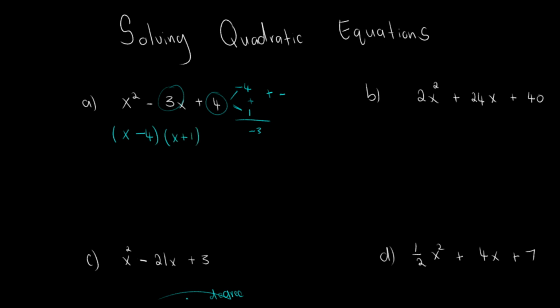Then to solve for x, I need to set this equation equal to 0. First I say x minus 4 is equal to 0. Therefore, if I transfer from the left-hand side to the right-hand side, x is equal to 4. And x plus 1 is equal to 0. Therefore, if I again transfer from left to right, I get x is equal to negative 1.